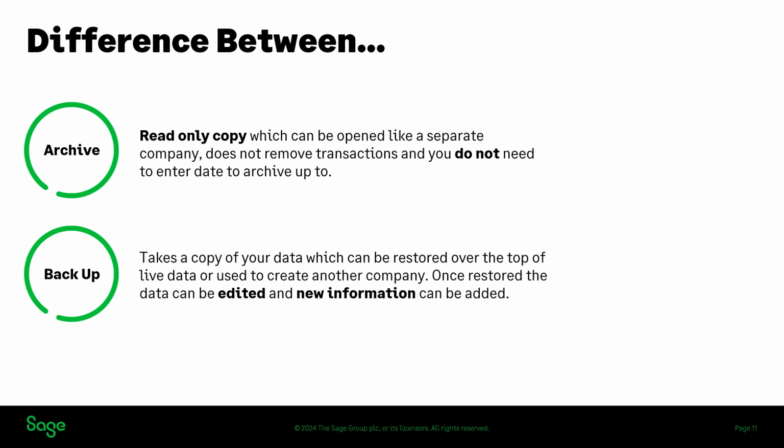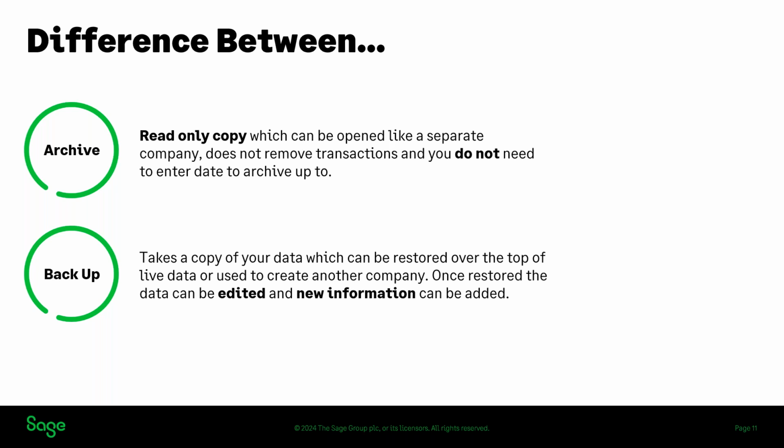A backup again takes a copy of your data, but this can be saved anywhere you wish. It could be on your laptop, a computer, a USB, an external drive, or a server. It's designed to be restored into the program, either over the top of live data or as a separate company if your license allows you to do so.